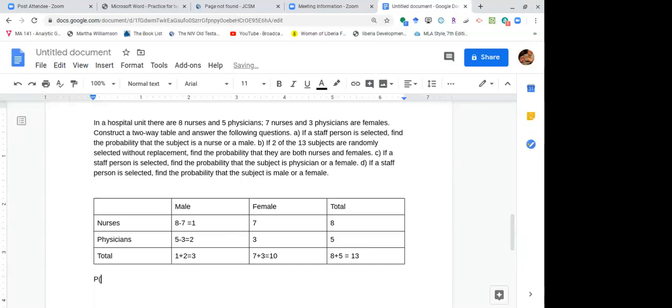So we have A, the probability of being a nurse or a male. Nurses are all across the first row, right? And then we have male. Well, we have an overlap there, don't we? See, the nurses are this group. Let me see if I can highlight that.